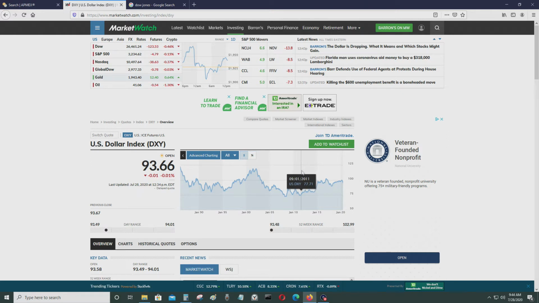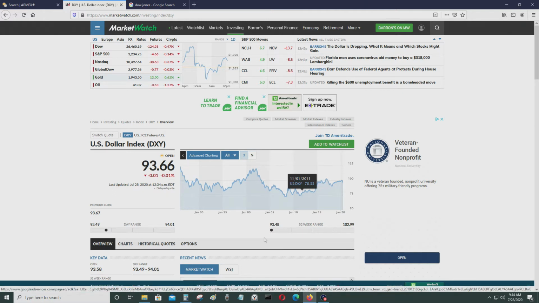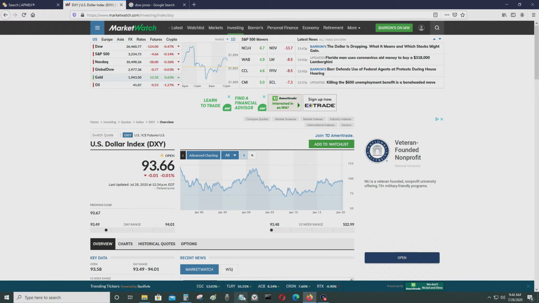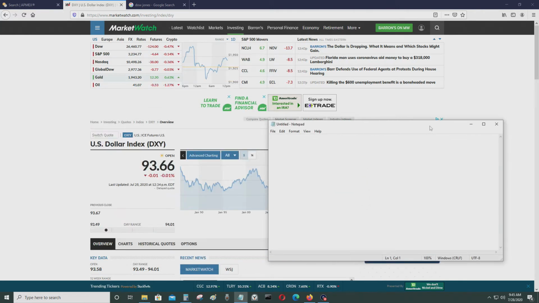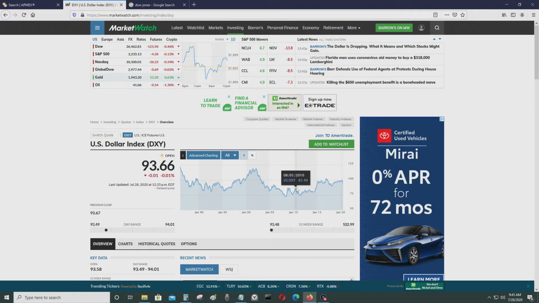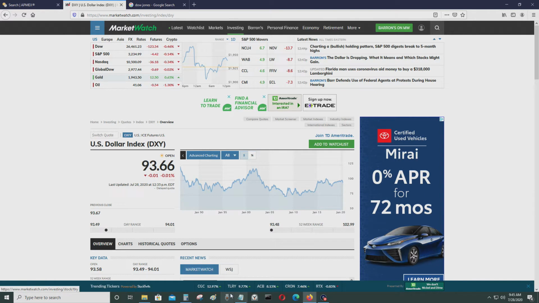So the dollar index was roughly 77, around November 2011. $78, okay.